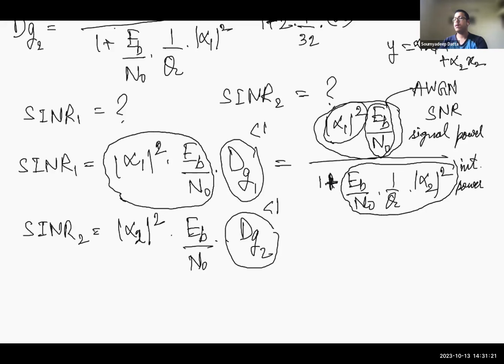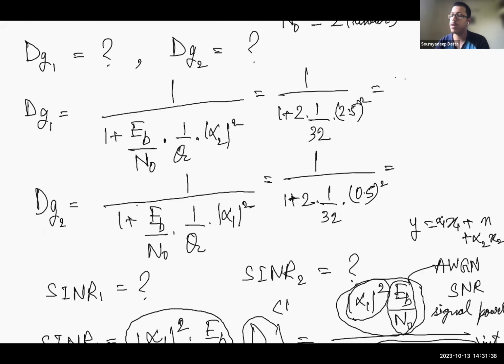Because of interference, I have this degradation factor DG1, which is calculated like this. So that is the role of degradation factor. This degradation of signal 1's SINR happens because of interference caused by user 2. And similarly for user 2, degradation happens because of user 1's interference. So that is the whole idea.